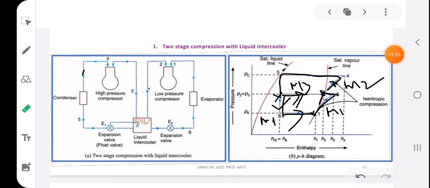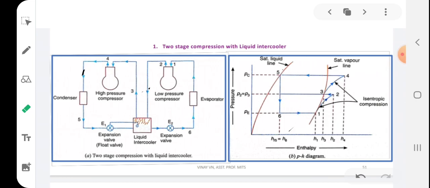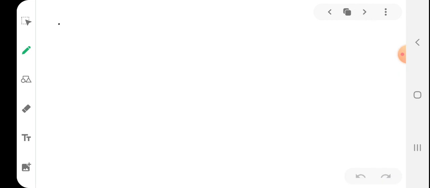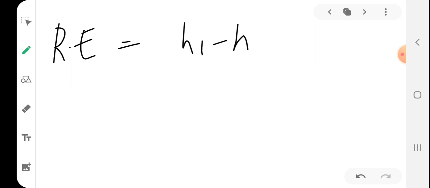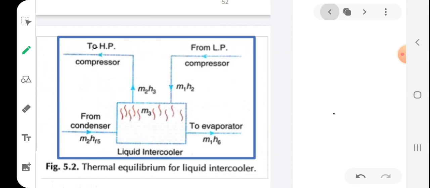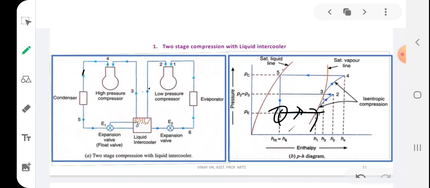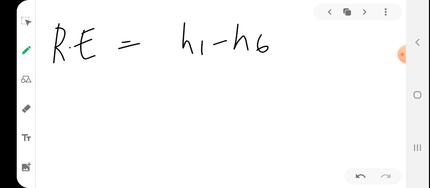So students, how to calculate the refrigerating effect in this particular cycle. The refrigerating effect is nothing but this area, right? This is where the refrigerating effect is taking place. So the refrigerating effect is nothing but h1 minus h6, the enthalpy of h6. This is kilojoule per kilogram.